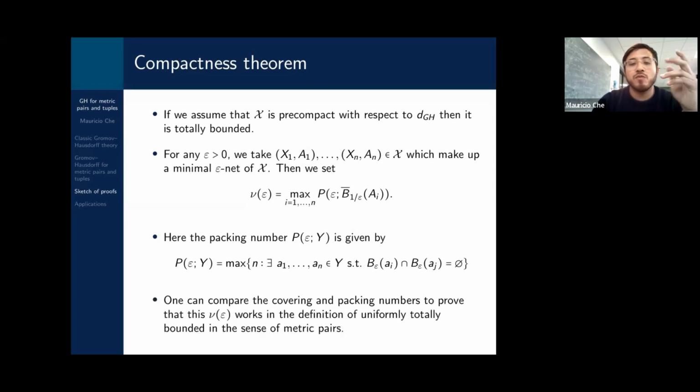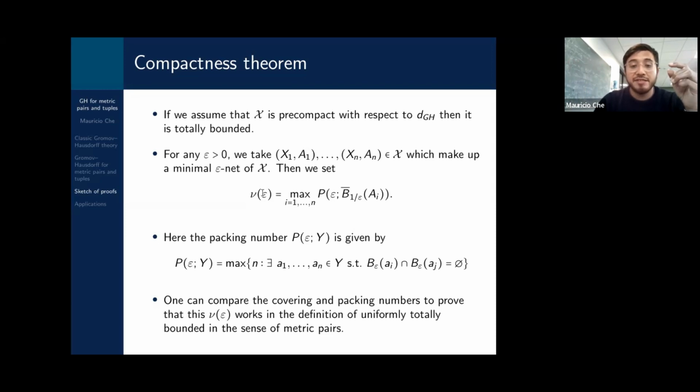And then the thing is, we can actually compare packing numbers and covering numbers. I will not do that very explicitly, but by doing so, and using the fact that the calligraphic X class of metric pairs is pre-compact, we can prove that this number nu epsilon works as in the definition of uniformly totally bounded metric pairs.